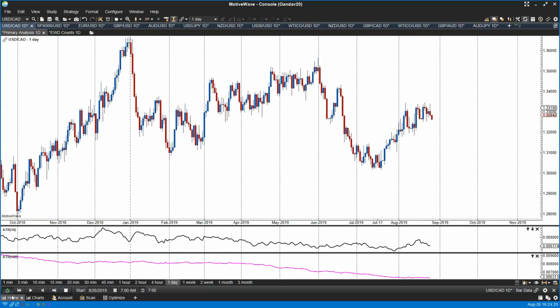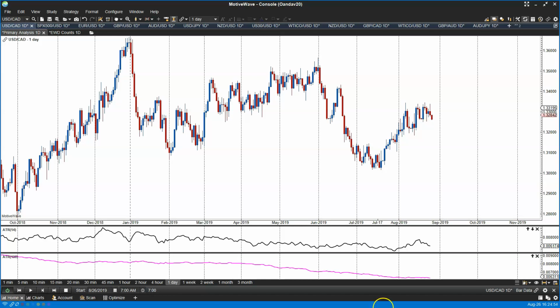This is the daily dollar Canada. Make sure you use the daily chart for the 14-day ATR and the 100-day ATR. It's really 14 and 100 periods, but by using the daily chart, you're actually looking for the 14-day average and the 100-day average. That would be the average true range over the last 14 days or over the last 100 days.